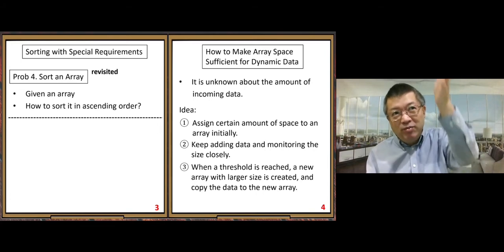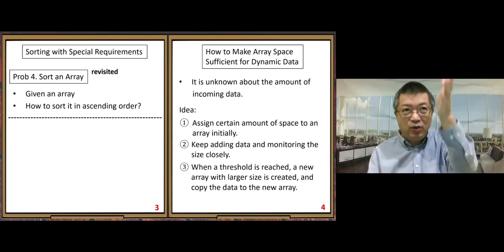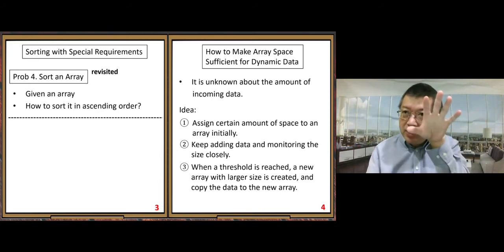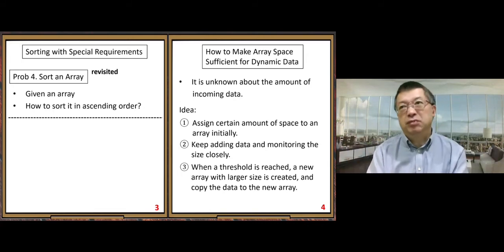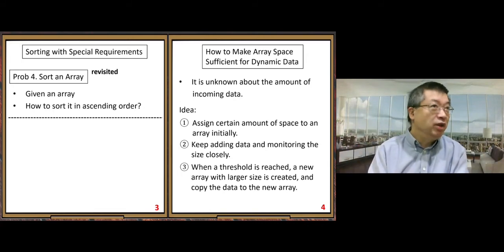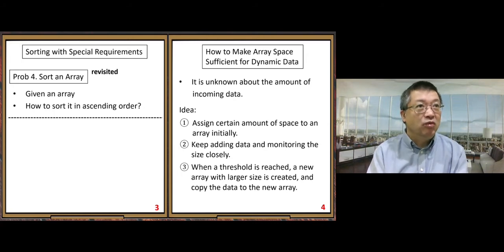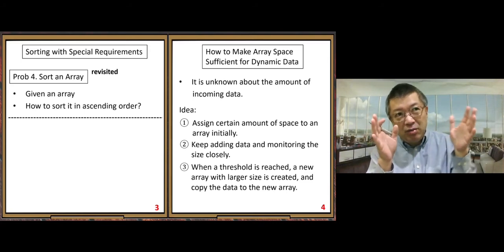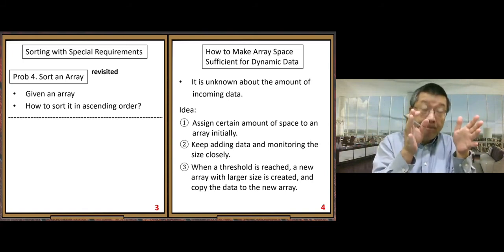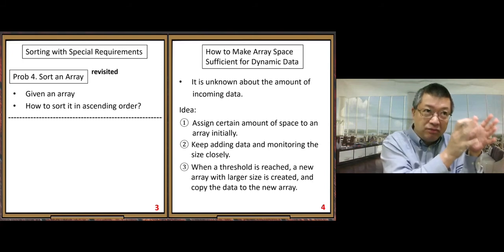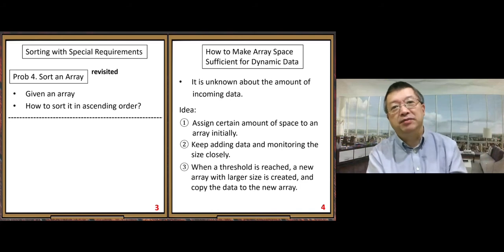We set some warning line, a threshold. When that warning line is reached, it is still before the overflow. If it overflows, that's too late. We don't want to take action when we get an overflow. That's a runtime error. We don't like it. So we set a warning line with certain room before the overflow. Then we take action when we hit that warning threshold line.